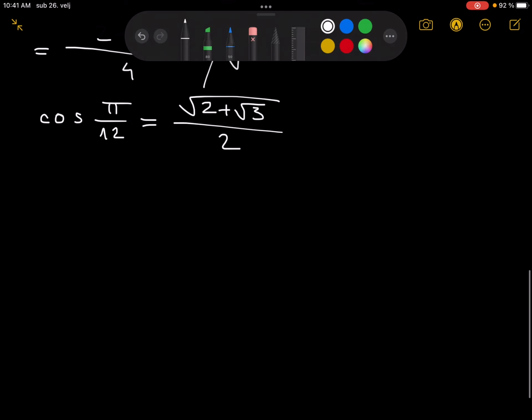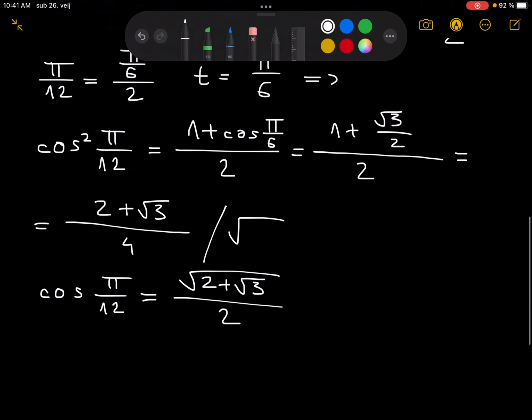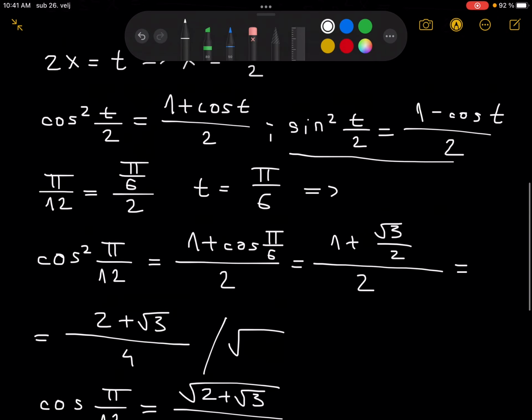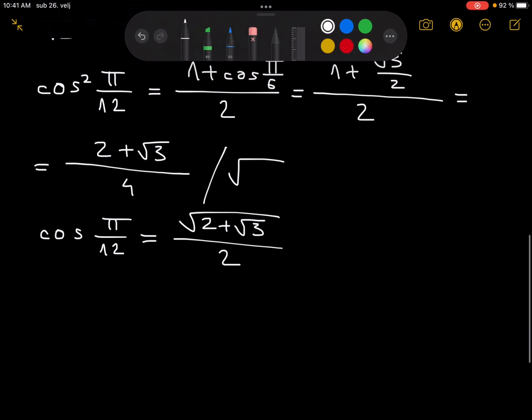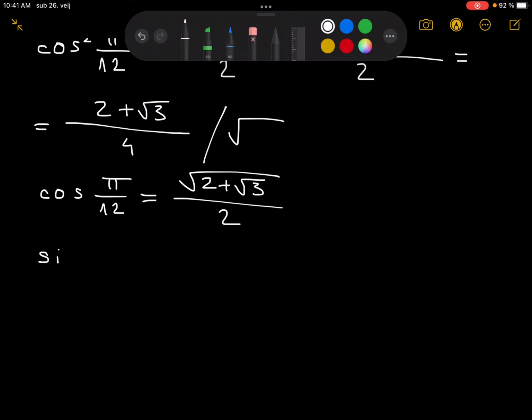And by using the same logic for the second formula, we'll get that sine of pi over 12 is equal to the square root of 2 minus the square root of 3 and everything over 2.